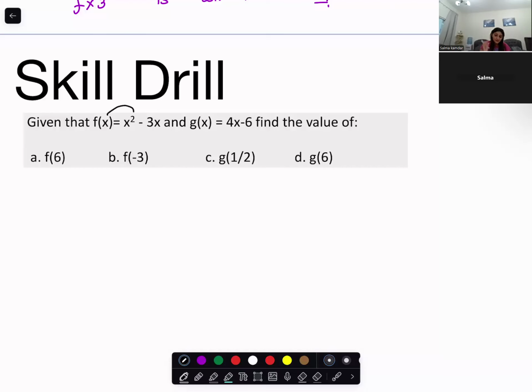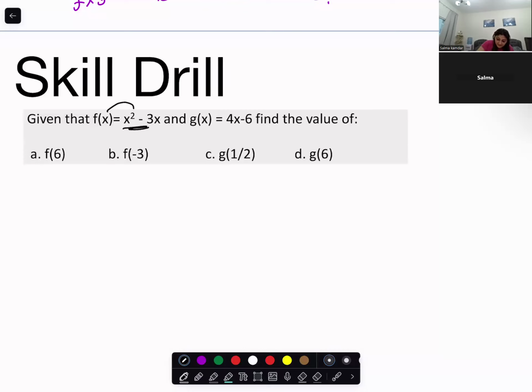So this is your function. This is your f. Now I want to find the value of the function when x is equal to 6. So what I'm going to do is I'm going to replace x by 6. So I have f of x is equal to x square minus 3x. I want to find the value of f when x is 6.